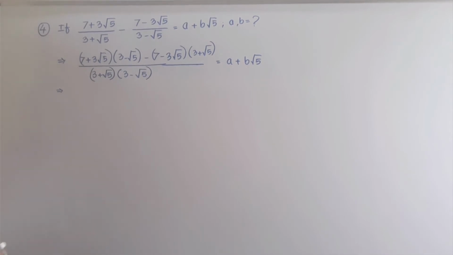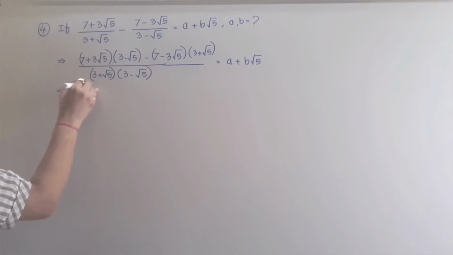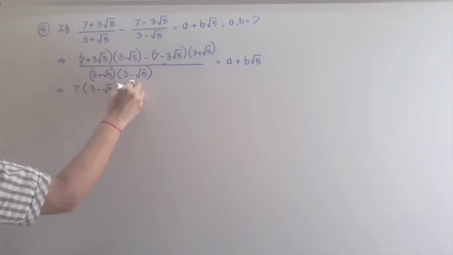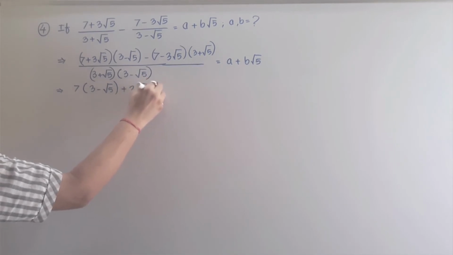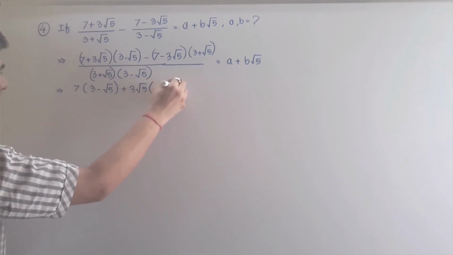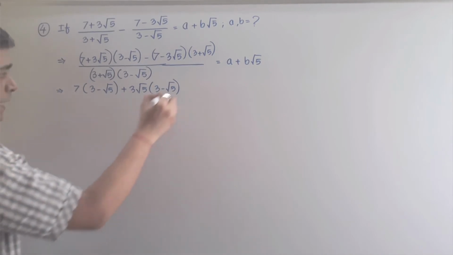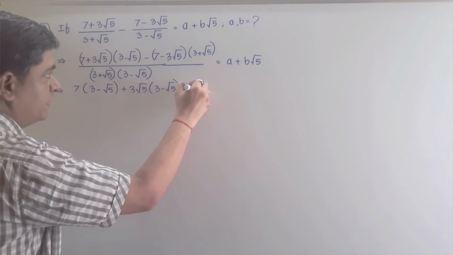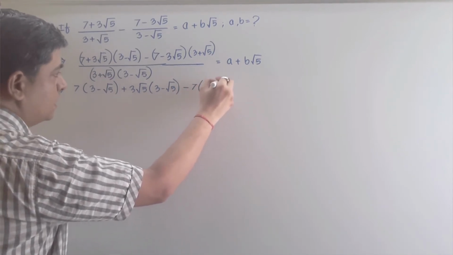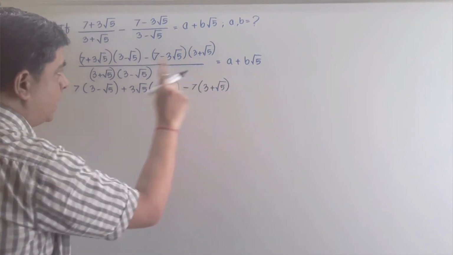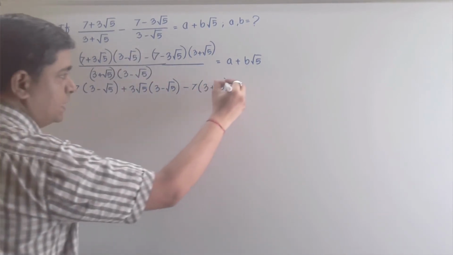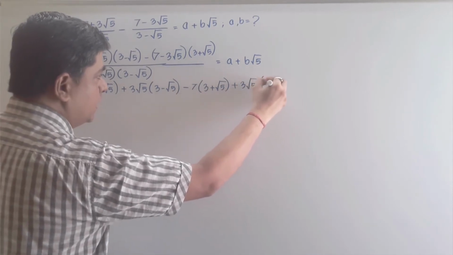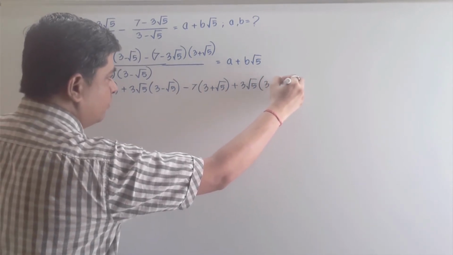So let us write down those terms in the same form. 7 multiplied with 3 minus under root of 5 plus 3 under root of 5 multiplied with 3 minus under root of 5. Then minus 7 will be there, so minus 7 will be multiplied with 3 plus under root of 5. And this minus and minus became plus, so plus 3 under root of 5 multiplied with again 3 plus under root of 5.